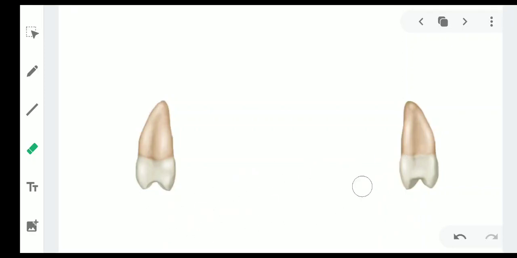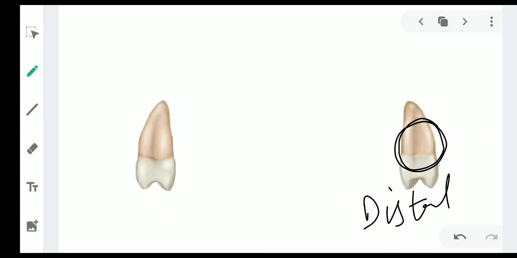Now coming to the distal aspect, it almost resembles the mesial aspect, but you can see a depression in the root here which is more marked than on the mesial side. So that is the only difference. This is the distal, this was the mesial.